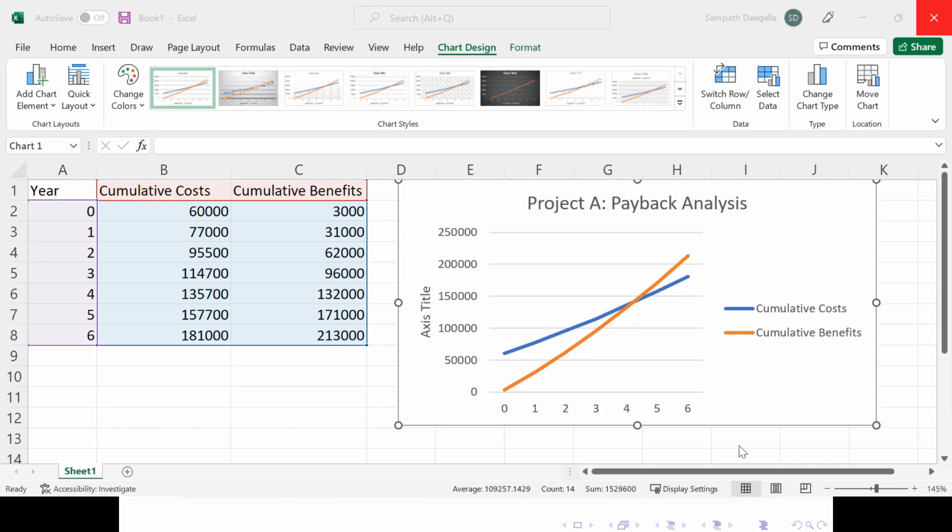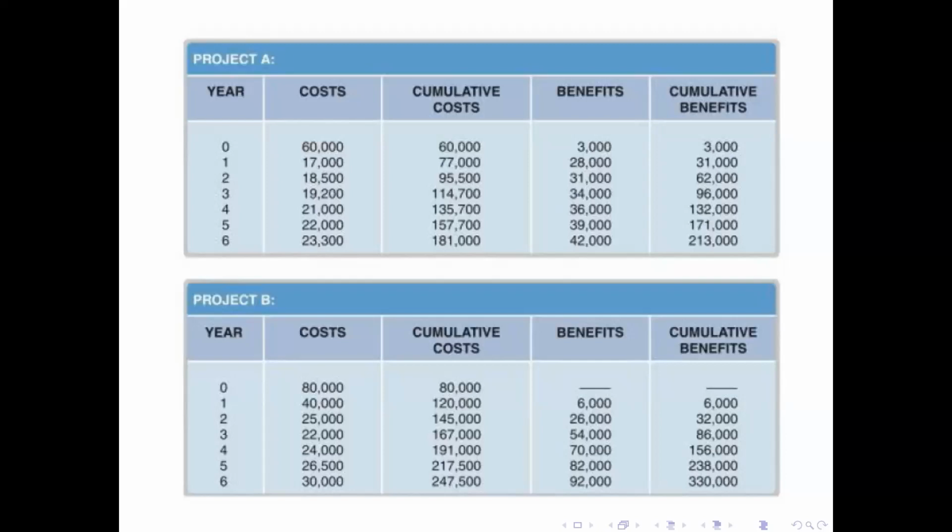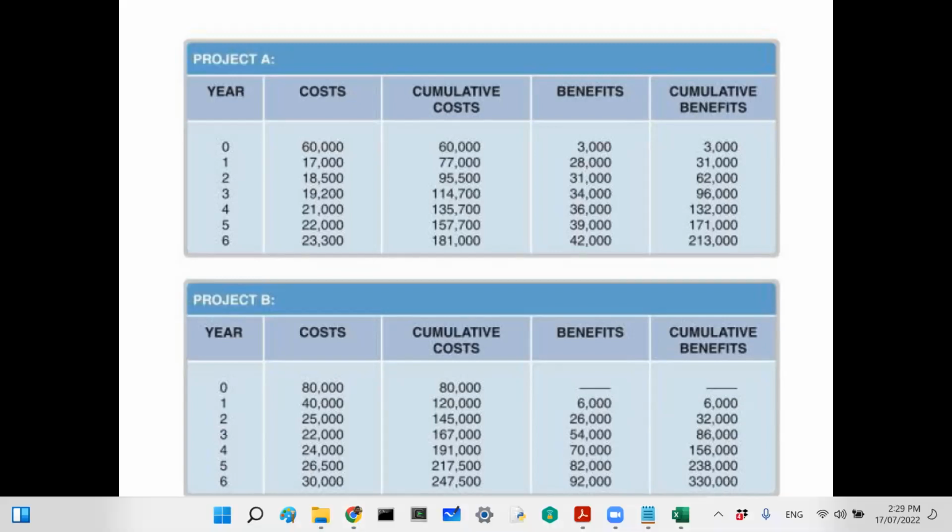Okay, so can you share the same diagram for project B? Can you do the same? I will send you this as a graphic for you to work on in the WhatsApp group.